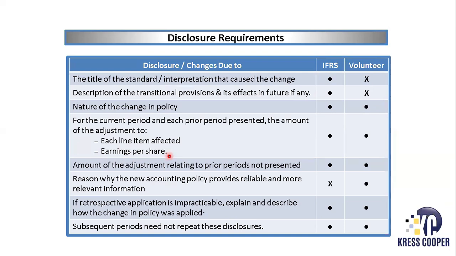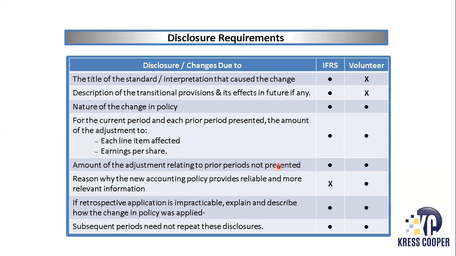This policy will impact the profit or loss, and the earnings available for distribution to the equity shareholders would change, and this will bring a change in EPS. Then the amount of the adjustment relating to prior periods not presented.